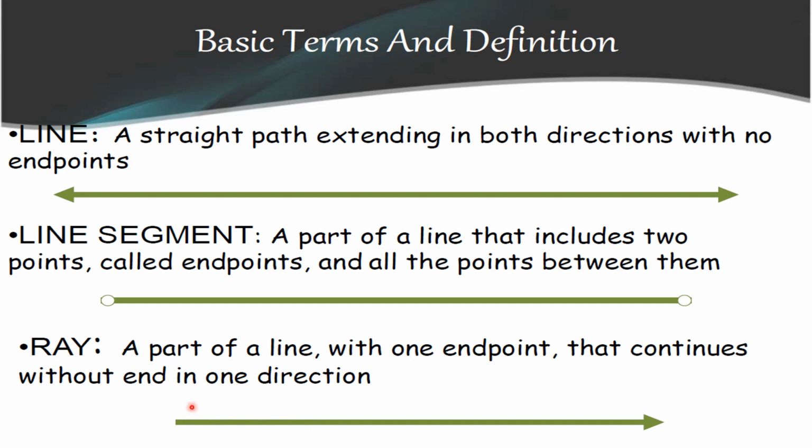So here one endpoint will be there, and in the other direction there is no endpoint. It is called a ray. It is also a part of a line, but with one endpoint. On the other end, there is no endpoint. It moves continuously without an endpoint. Understood this point, my dear children?